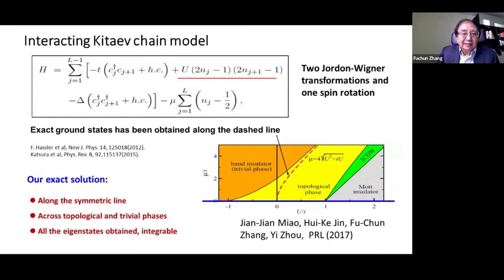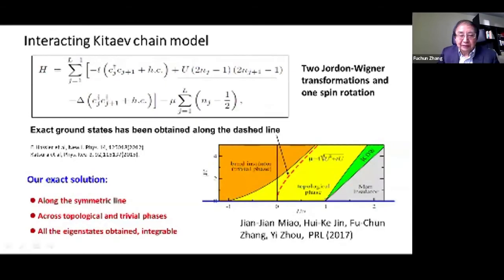What I plot here is a phase diagram. This is the chemical potential, and this is U, in units of T. Here I consider the hopping T and the pairing delta to be the same. In this simple limiting case, if U equals 0, it can be solved analytically.